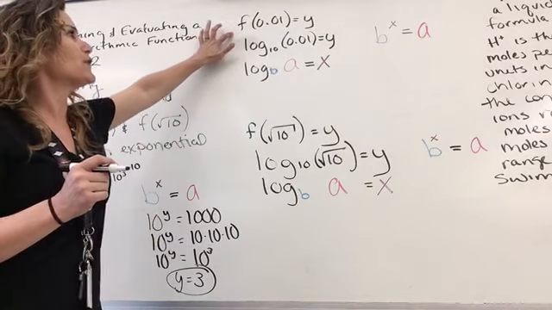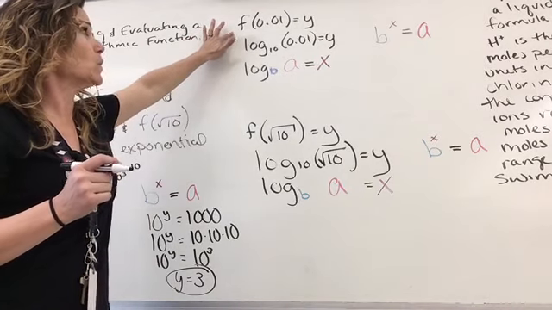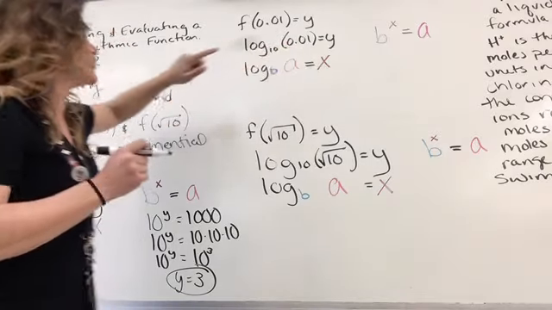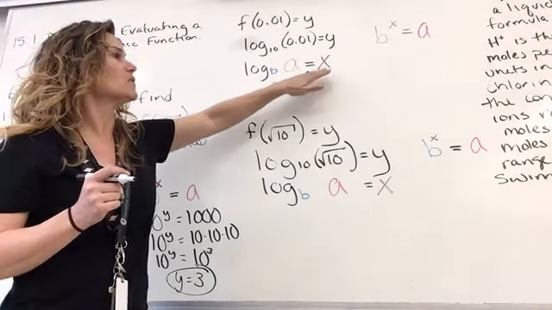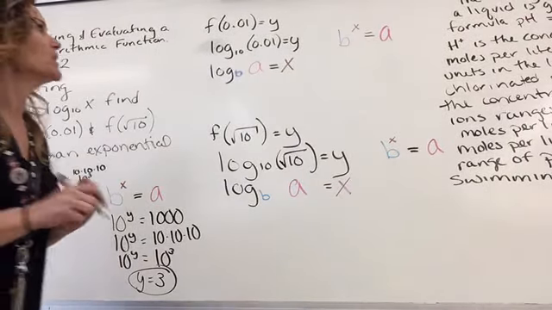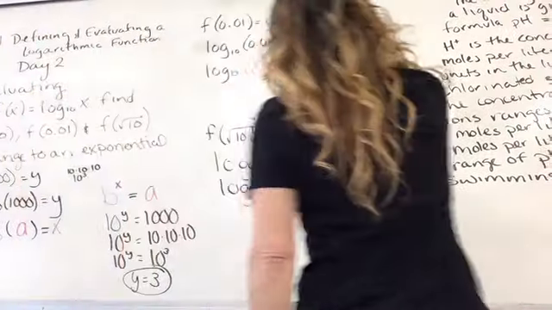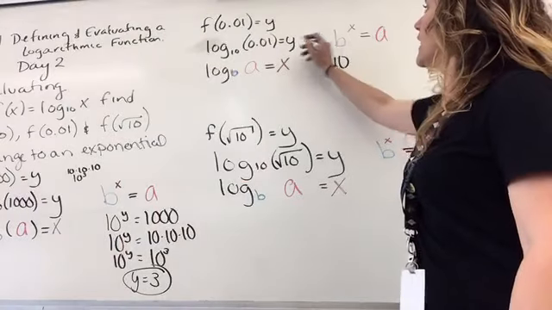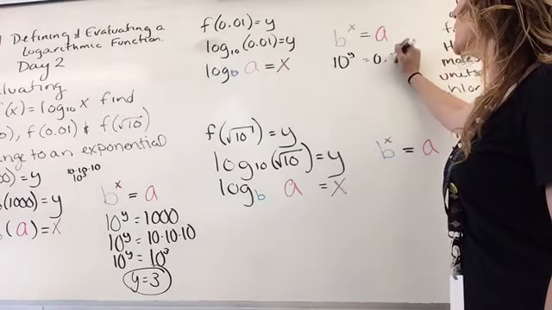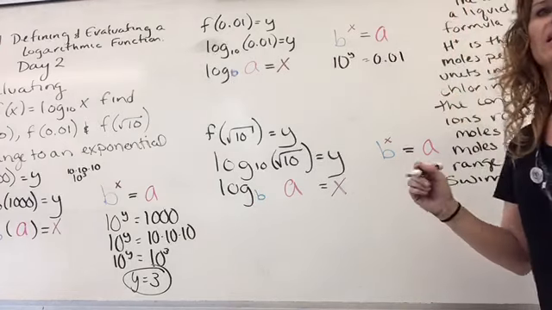So here we have f of 0.01 equals y. So we plug this in for x into the function we were given. This is y. And we are going to rewrite this as an exponential. So our b value in this case is still 10. Our x value is y, but our a value is now 0.01.